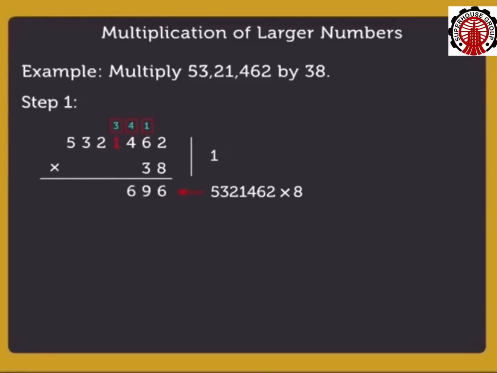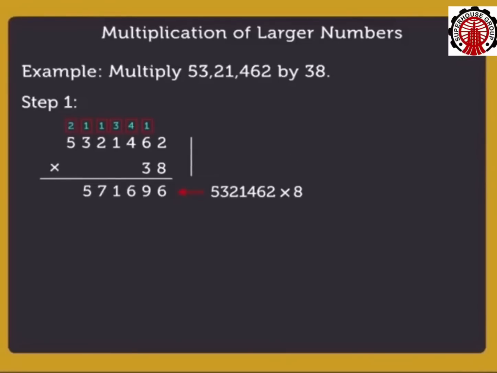Now, 1 into 8 is equal to 8 plus the carried over 3 is equal to 11. 2 into 8 is equal to 16 plus the carried over 1 is equal to 17. 3 into 8 is equal to 24 plus the carried over 1 is equal to 25.